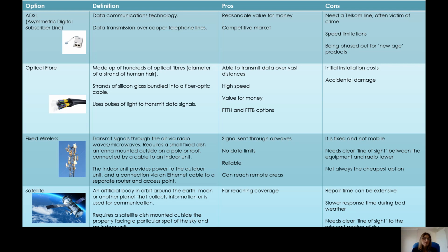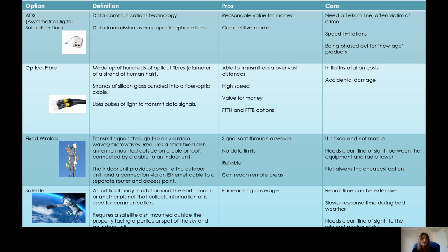Okay, your optical fiber. So your optical fiber is the diameter of the strand of a human hair. So they're very, very fine, very, very thin, and they are bundled together. They are little silicone glass fibers, very delicate, bundled together in a fiber optic cable, and they use pulses of light to transmit the data signals.